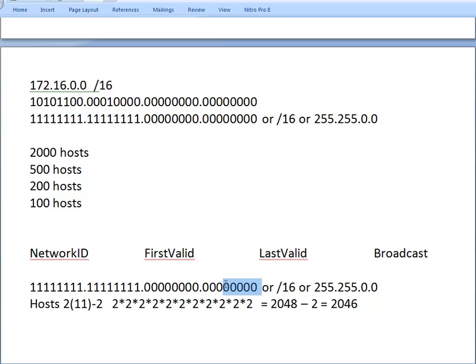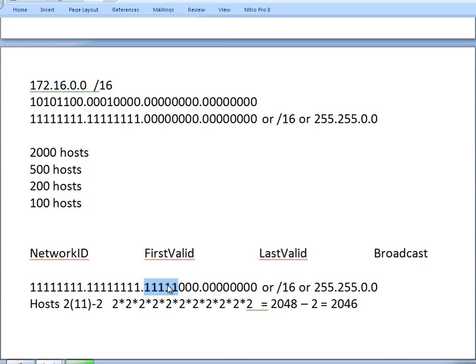Because we are reserving 11 zeros, so that's 8, 9, 10, 11, the rest of the zeros will become 1. So 1, 2, 3, 4, 5. I'll write them in red as well. That's our subnet. We have reserved 11 zeros.